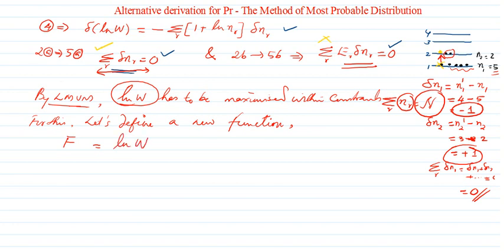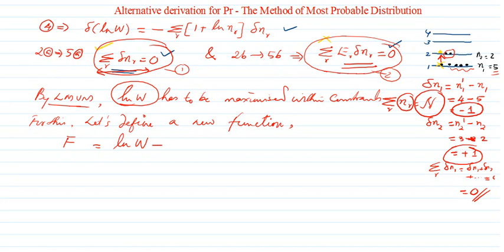Then I'll be incorporating the two constraints that have to be satisfied, constraint 1 and constraint 2, both included in the same function. And how do I include them? I'll be introducing two undetermined coefficients, alpha. This alpha is one of the Lagrange's undetermined multipliers, which is so far unknown to us. Don't worry, it won't affect our calculations.